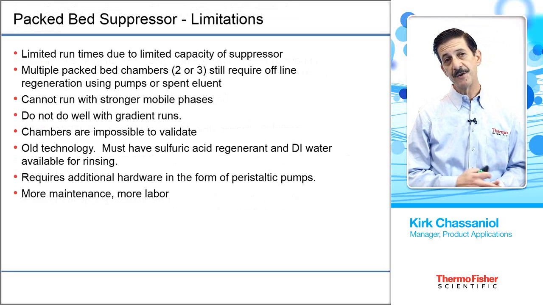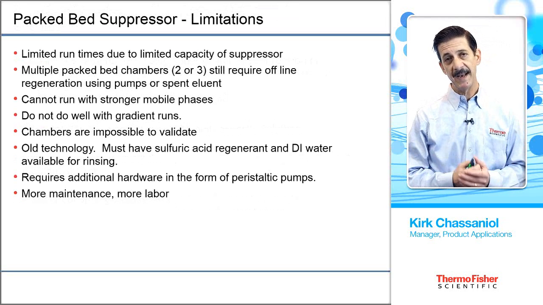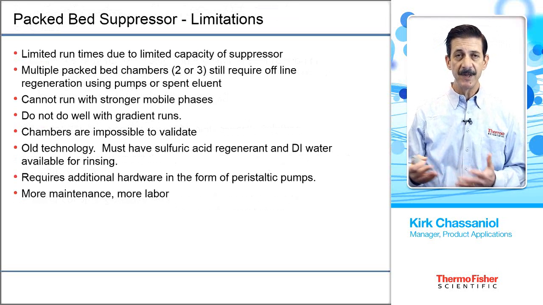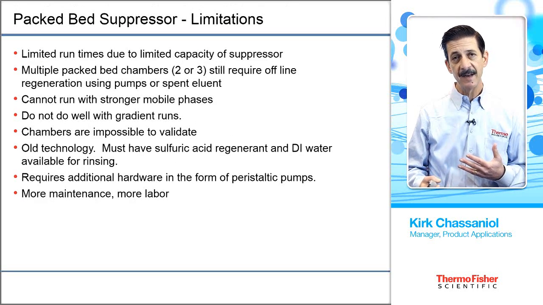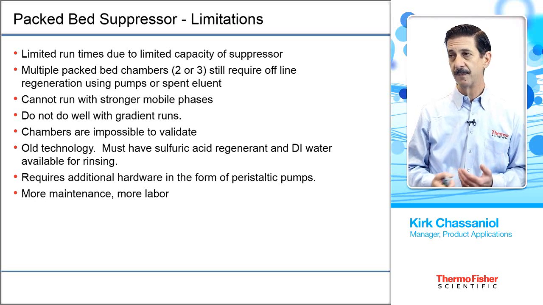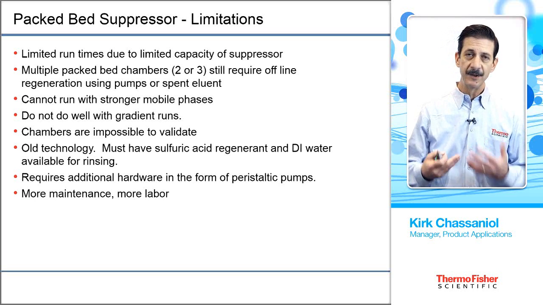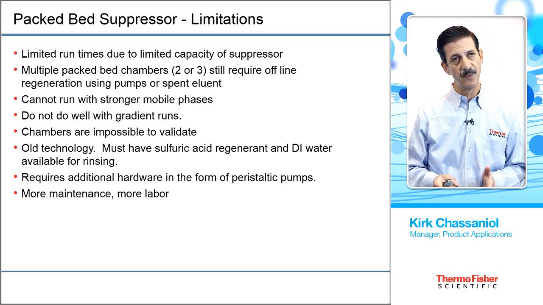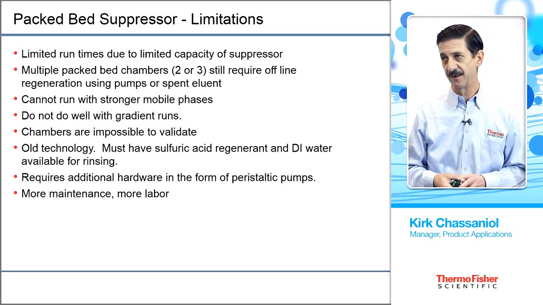So the first suppressors were essentially columns packed with cation exchange resin, and there are today variations of that and improvements, but you're still dealing with a finite capacity. So I'm limited to the run times before I could possibly exhaust it.